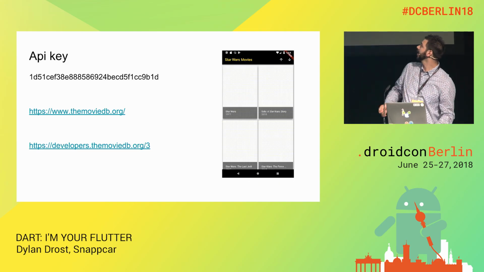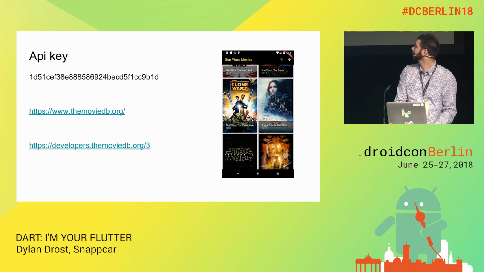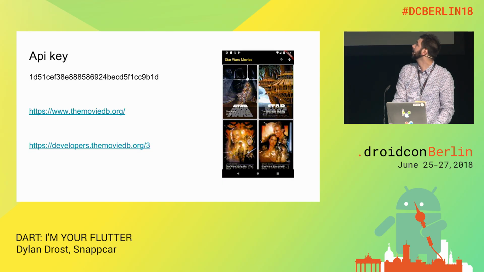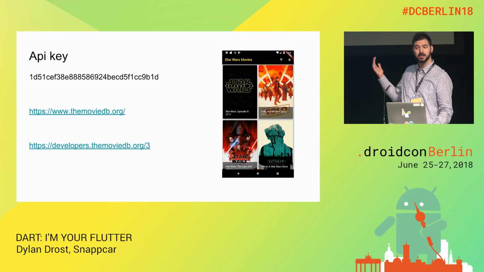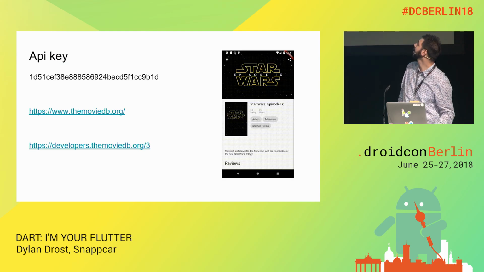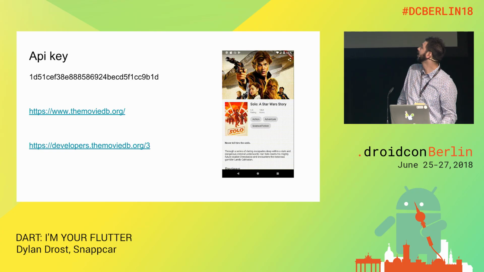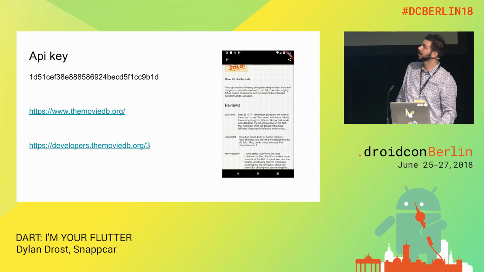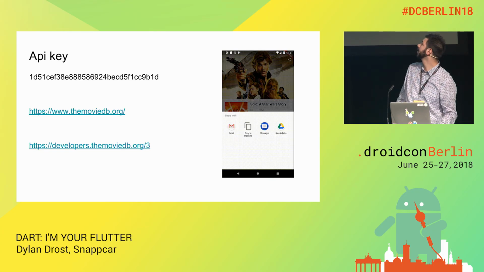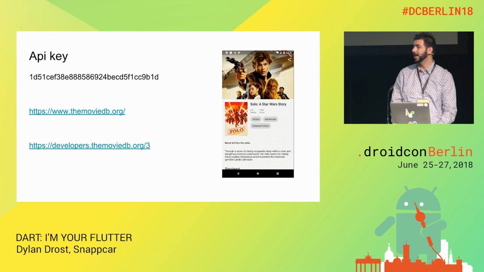And here's a little animation of the app we're going to make. It shows a list of the Star Wars movies. You can open the detail screen, show some additional information, share it with whoever you want if you like the movie.